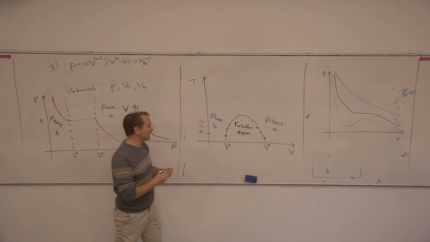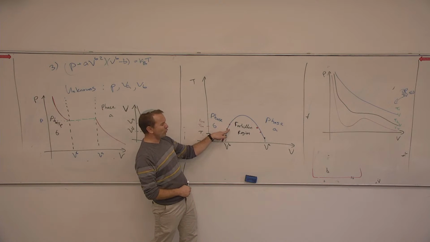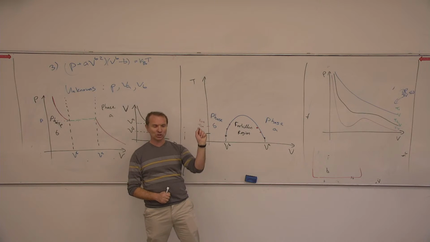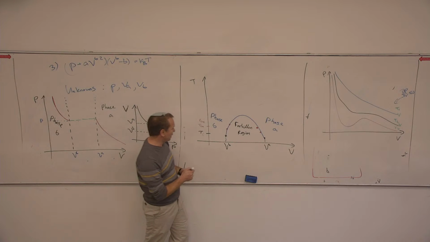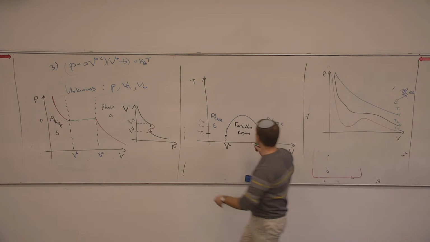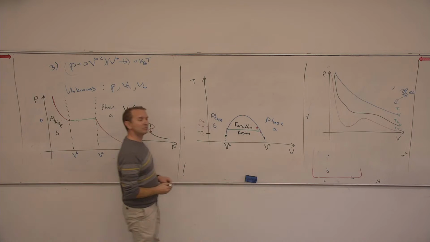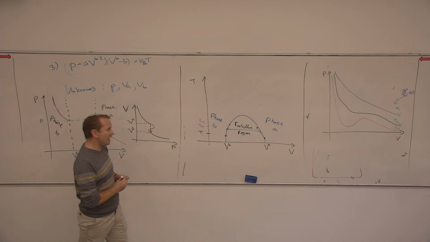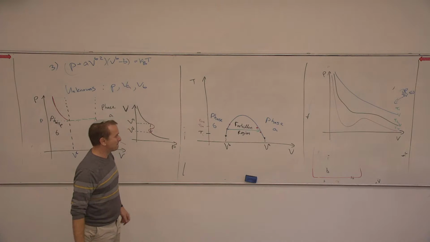Why is it forbidden? Because I know that if I try to get into this volume by changing my pressure a little bit, raising it up or cranking it down, what I will see is a transition from one volume to another. The system never stays in this area.